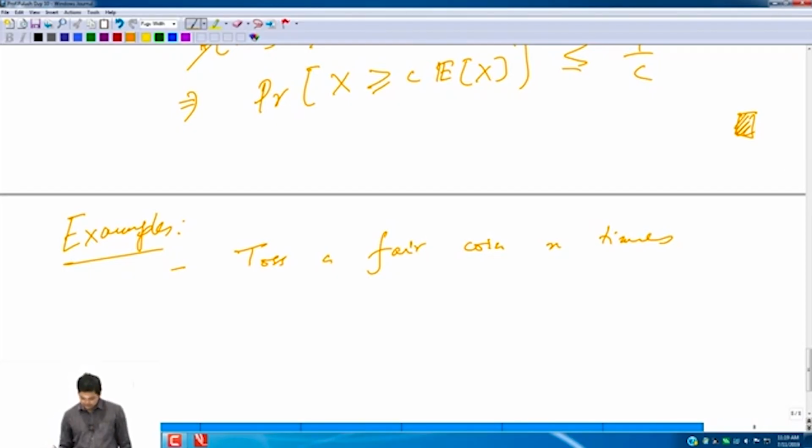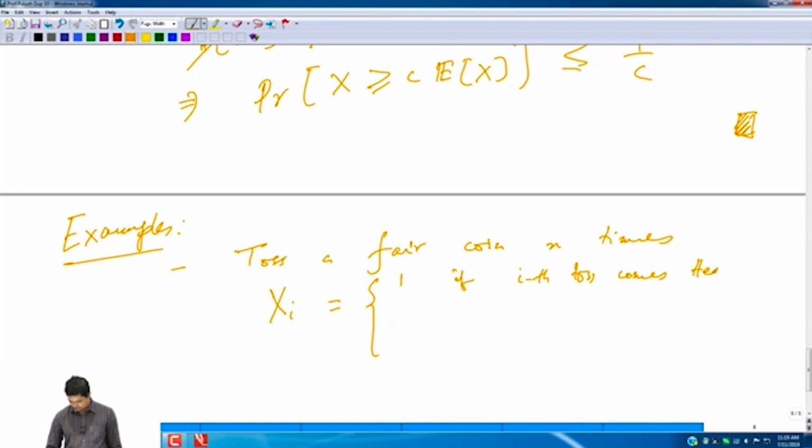Say we define a random variable Xi to be 1 if the ith toss comes head, and -1 if the ith toss comes tail.